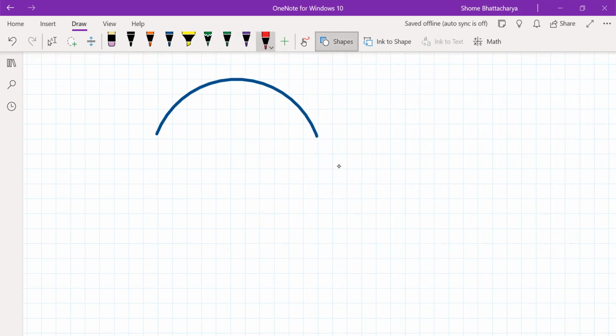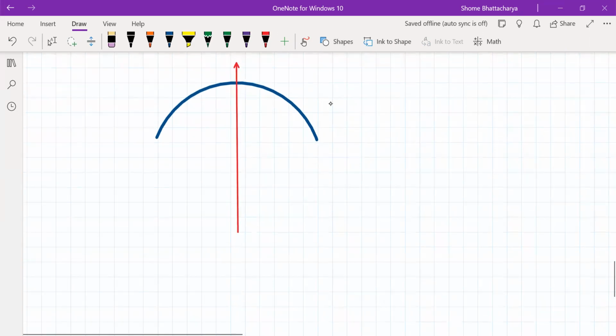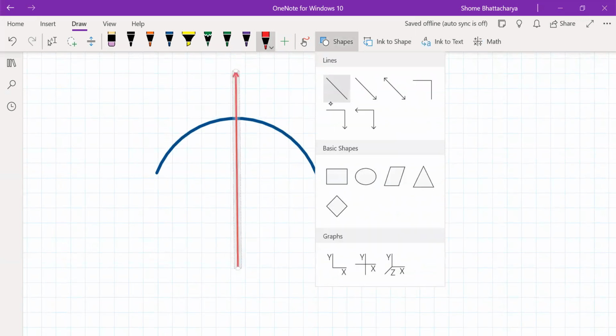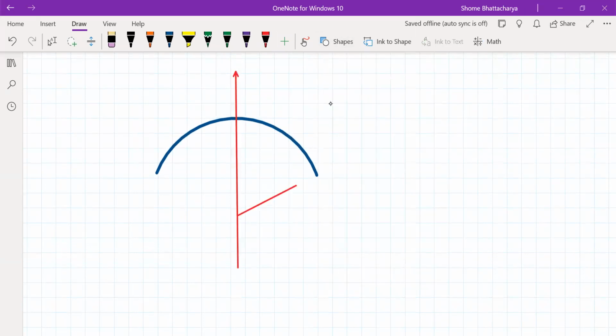So we have this situation, and now let us say this is the bisecting axis of symmetry, and this is the center of curvature, suppose.